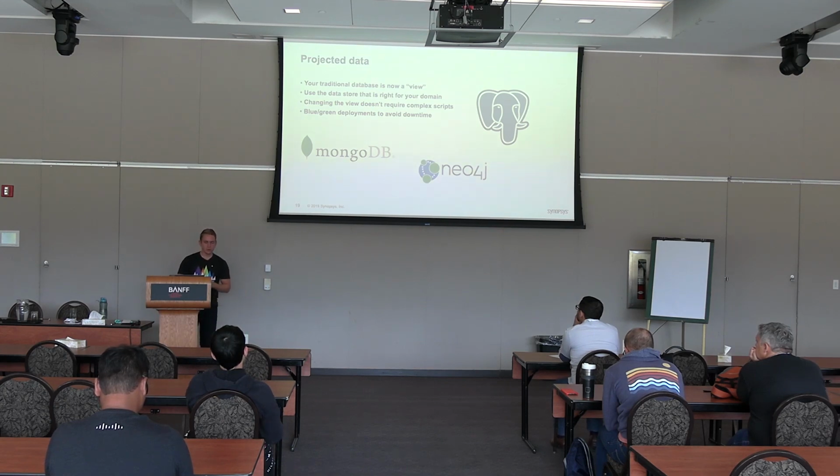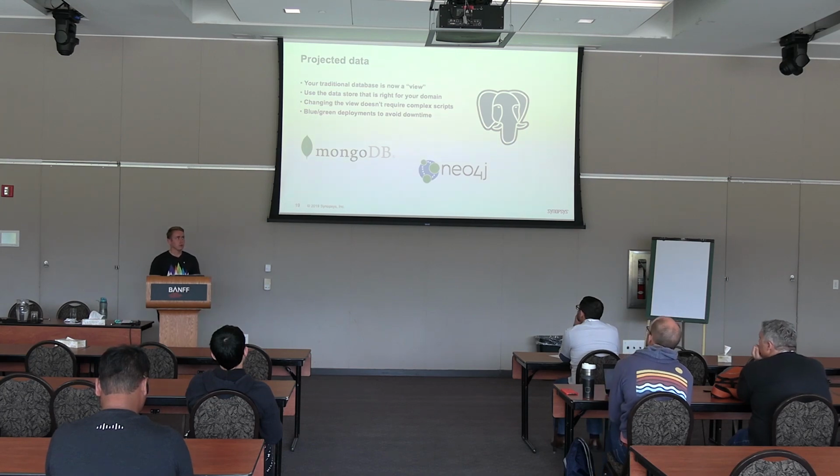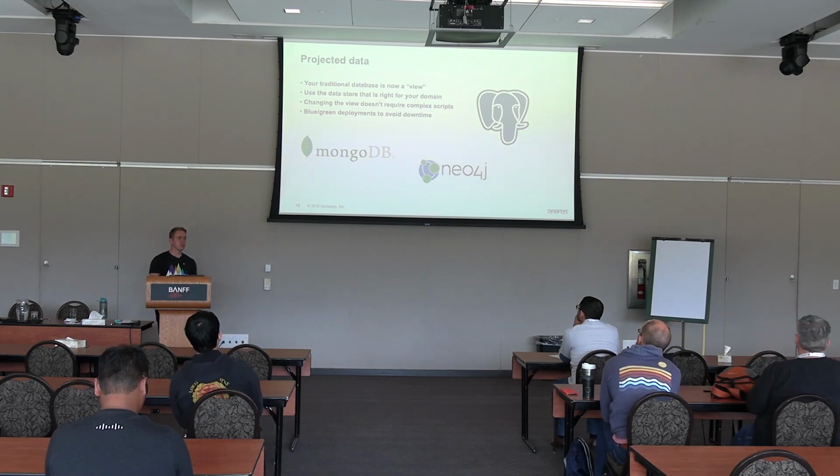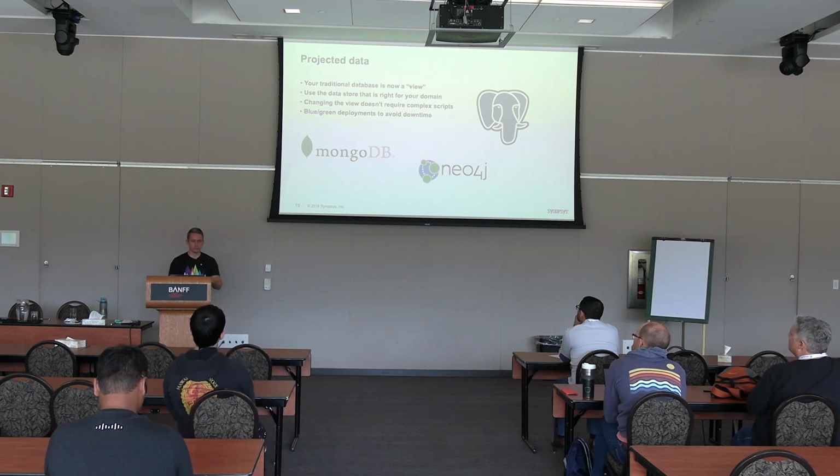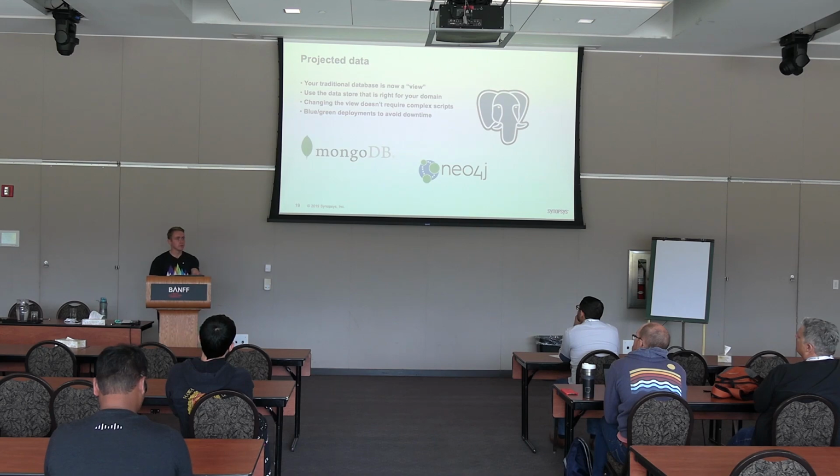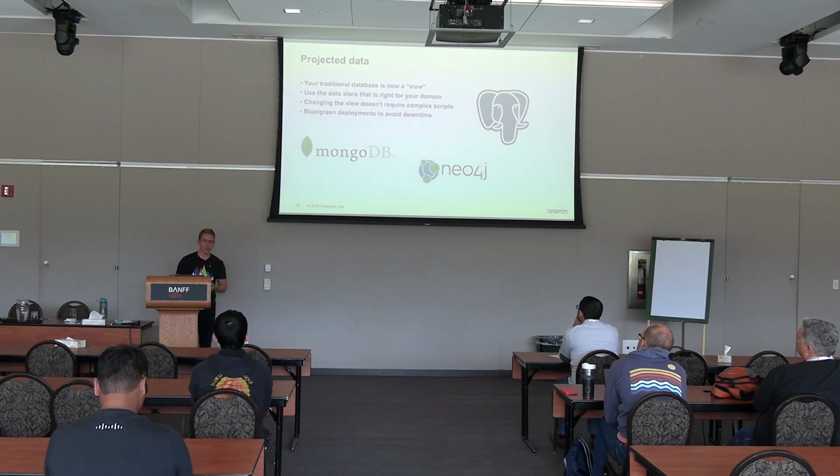And this is very useful in that you can use the right data store for your domain. In a multi-service application, you can have many services where it might make sense to use a document store, a graph database, or a traditional relational database.